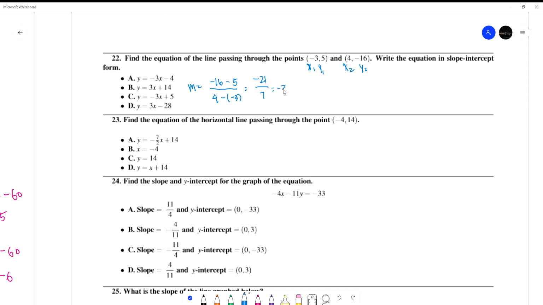That is equal to negative 3. Then I do y is equal to mx plus b, so to solve for b: 5 is equal to m times x plus b. So 5 is equal to 9 plus b. Therefore, negative 4 is equal to b. Now that we have your m and the y-intercept, you set them up. y is equal to mx plus b. And that is answer choice A.